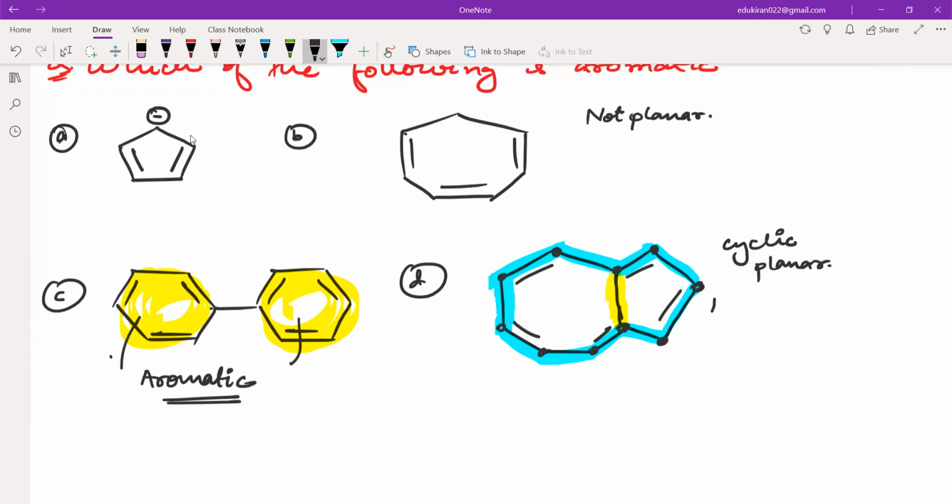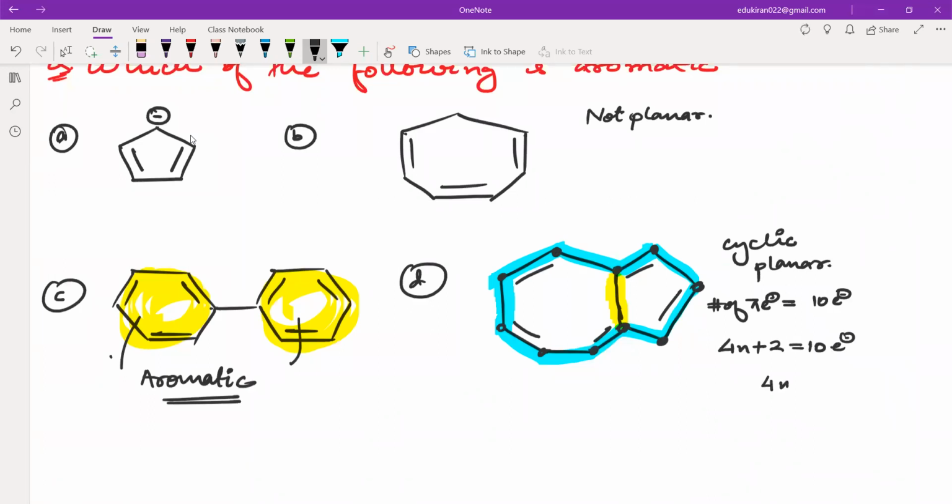Now, how many pi electrons? How many pi bonds? 5 pi bonds, so 10 electrons. Now you put this in the equation 4n plus 2 equals 10 electrons.